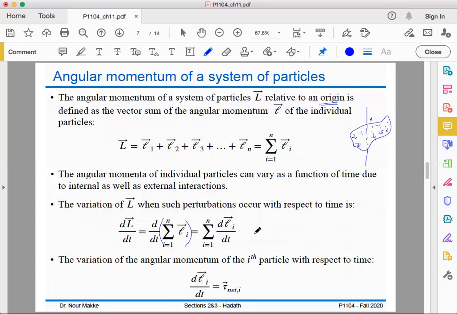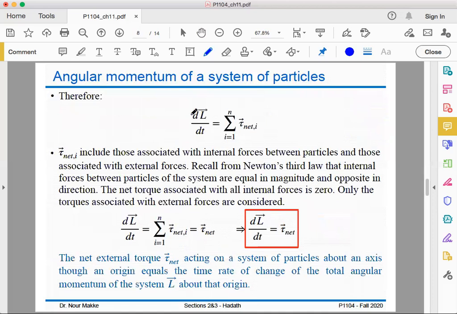But again, if you just get back to the previous slide, احنا شفنا قبل شوي انه we could find that tau net when a particle is acted upon by different forces, we can get the Newton's second law for rotation as given by sum tau net اللي هي sum of taus is equal to the derivative with respect to time of the angular momentum of the particle, right? فبالتالي مكان الـ dL/dt رح نحط tau net, and so we end up with derivative of Li with respect to time هي tau net i، يعني هي عبارة عن مجموعة التوركس يلي عم تتعرض لها البارتيكل number i.